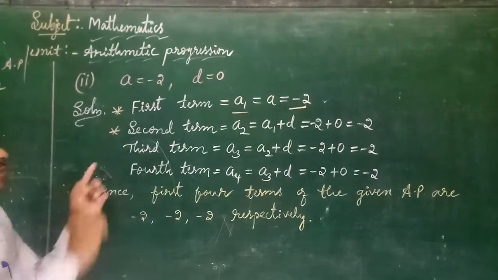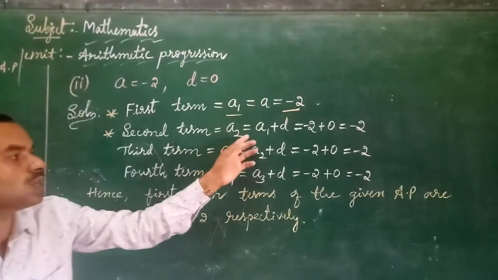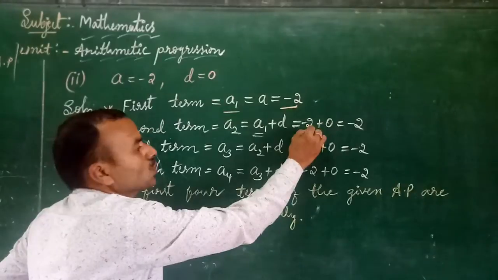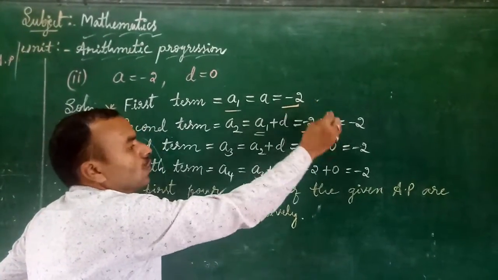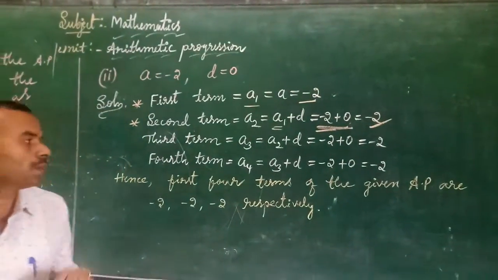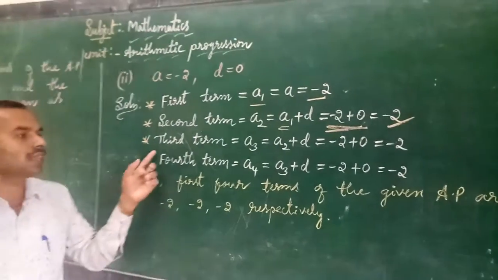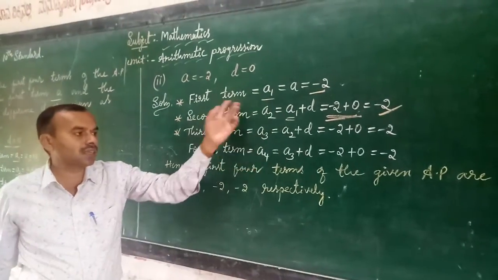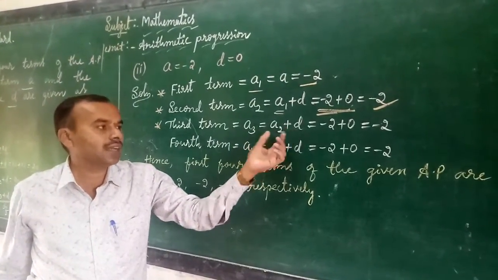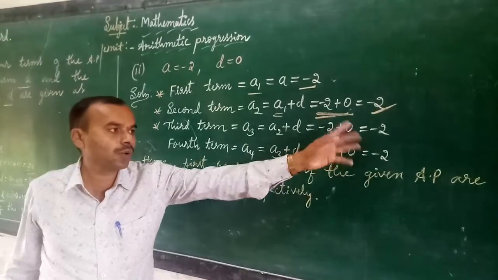Second term A2 is A1 plus D. A1 is -2 plus difference 0. The sum is -2. Third term A3 is the preceding term A2 plus D, equals -2 plus 0.